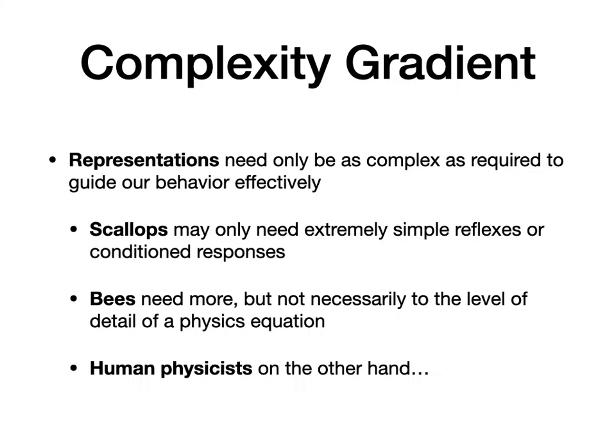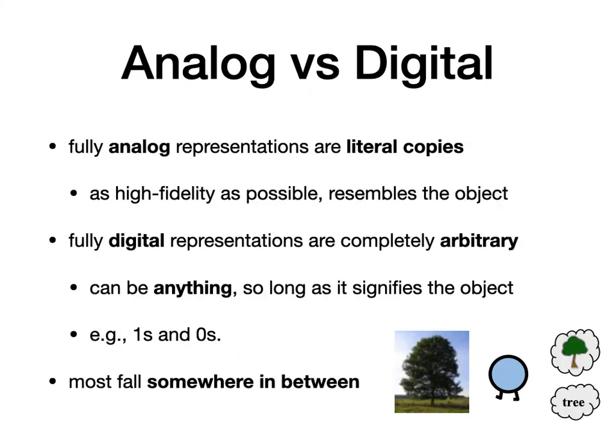Okay, so more things about representations. They're all going to fall on a spectrum of analog to digital. Any given representation will be on this sort of spectrum. None of them do this, but a fully analog representation of a thing is going to be a literal copy of it, as high fidelity as possible, perfectly resembling the object.